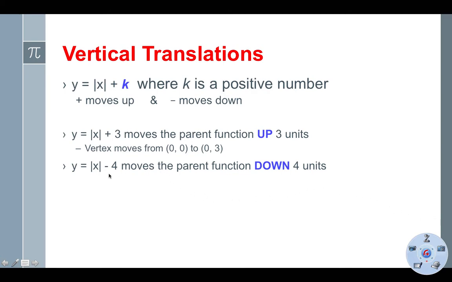And then the other example here is if we have the absolute value of x minus 4, it moves the parent function down 4 units. So once again, it moves the vertex from 0, 0 to 0, negative 4.